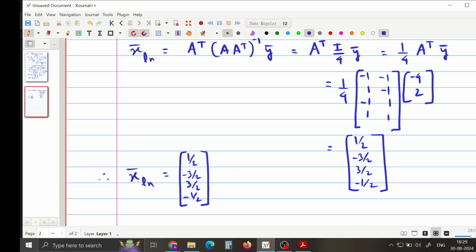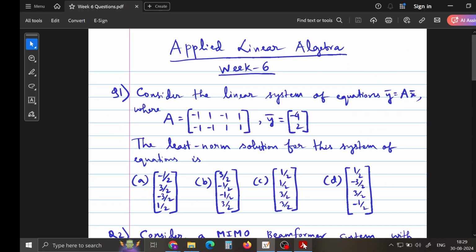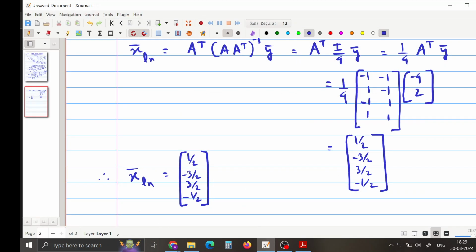So this is the solution, and if you check with the options, it is matching with option D. So the answer is option D.